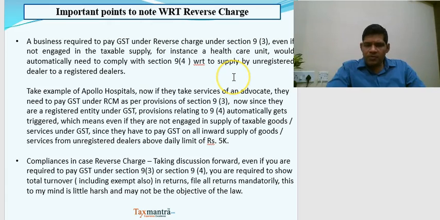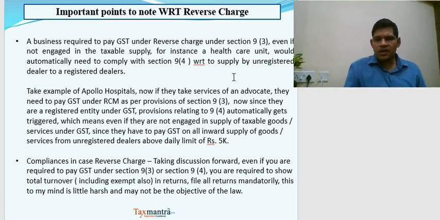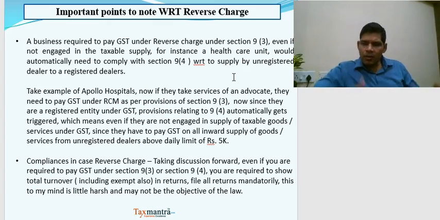Now the problem starts because under 9.4 it says that if you are registered and if you are taking supplies of goods or services from unregistered, then you have to pay GST on RCM on all the inward supplies of more than 5,000 per day. So does that mean that now Apollo, since they have taken services from an advocate, they have to register?